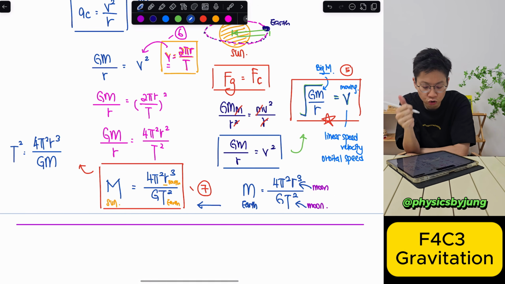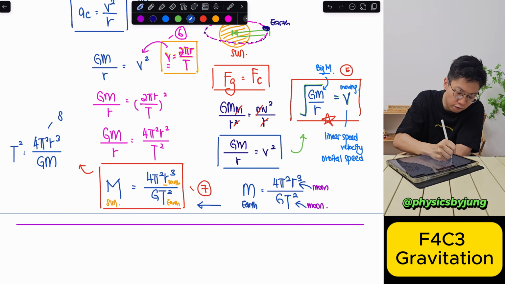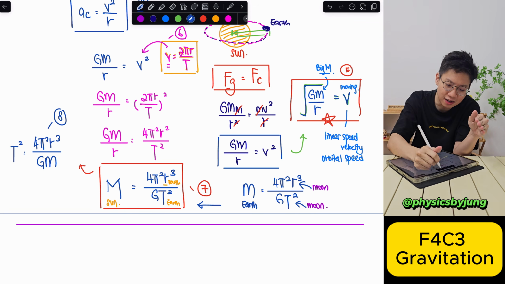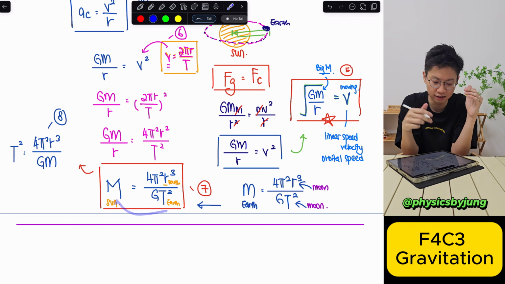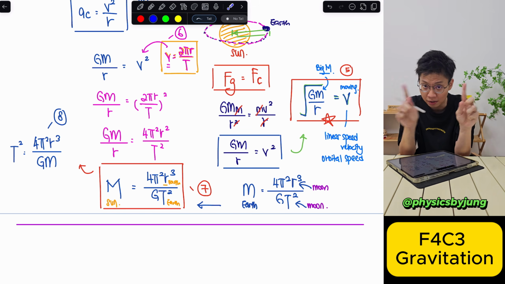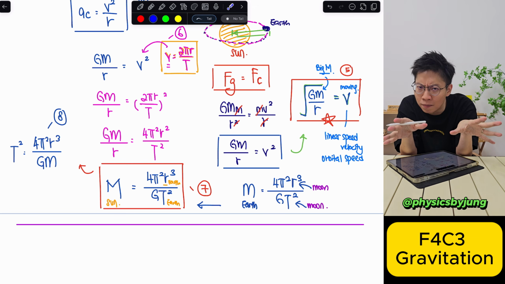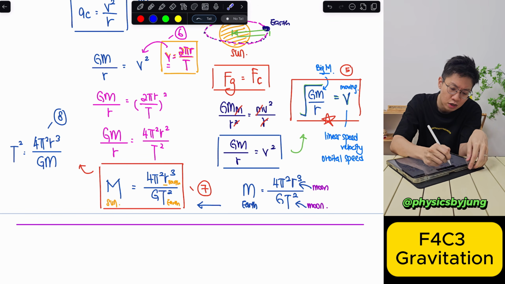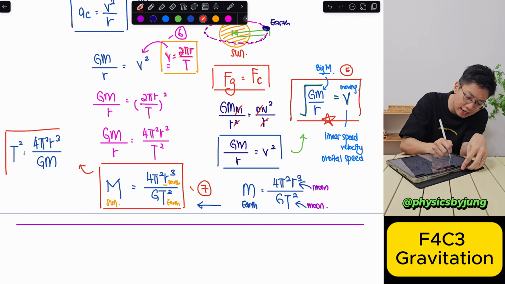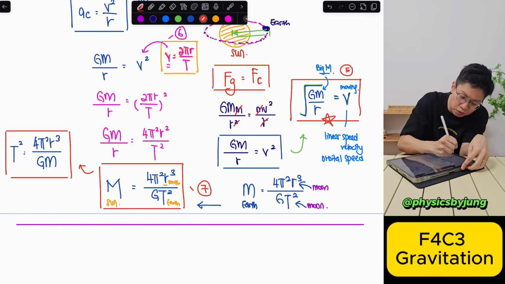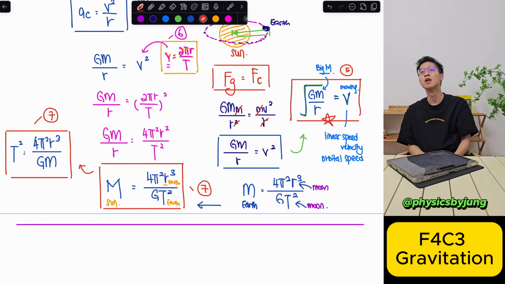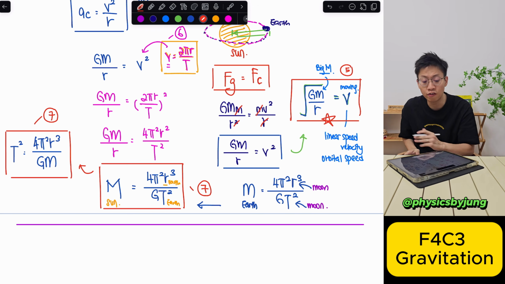Okay guys, do you think this can be called formula number 8? In my opinion, no, because the difference between this formula and that formula is just that your T squared and your M change places. So it's the same formula, right? We have to agree on that. So I don't call it another formula, but I will say that this will be known as formula number 7 as well.